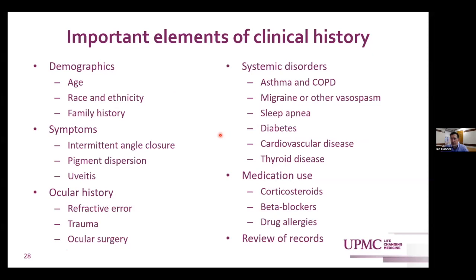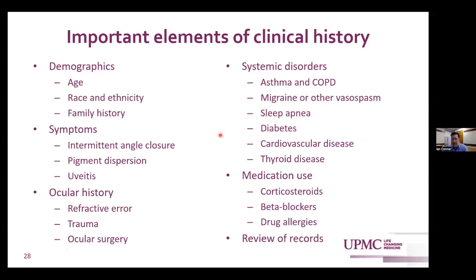Systemic disorders: asthma and COPD. These patients often have been on and off steroids. Migraine or vasospasm has been associated with normal tension, low tension glaucoma, and sleep apnea has been associated with low tension, but also other types of glaucomas. Diabetes can cause early cataracts.